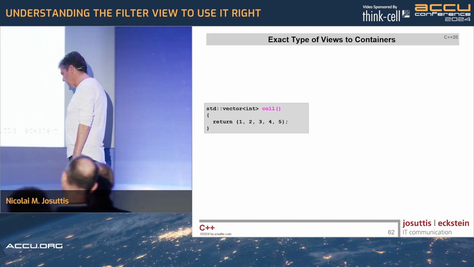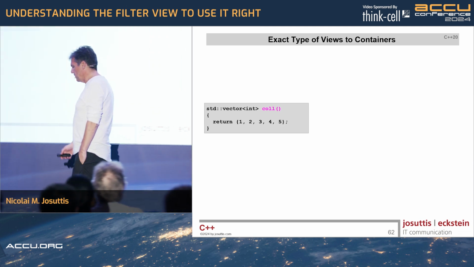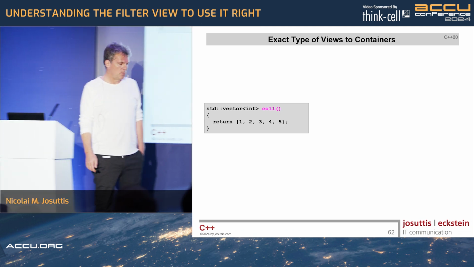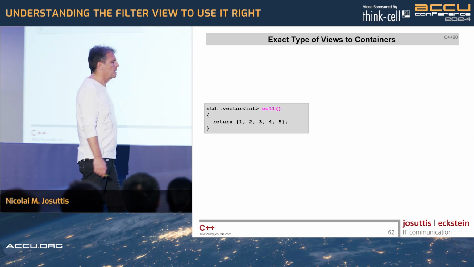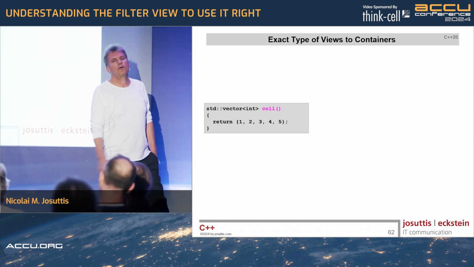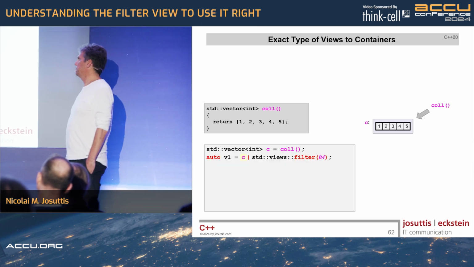If you wonder what is the exact type of a view, it depends how it is created. And one of the key questions is, does it run over a range that is an R value or over a range that is an L value?